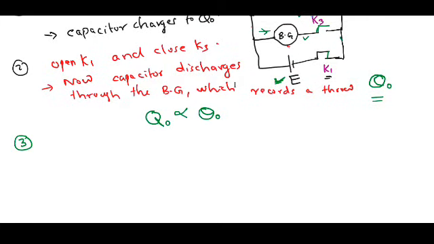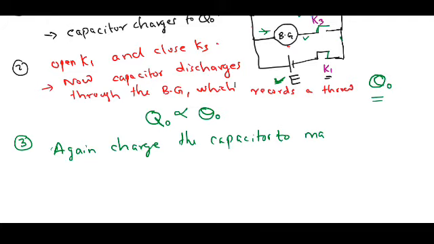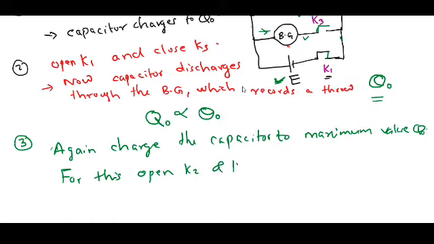Let me note down: again charge the capacitor to maximum value Q0. For this, what do we have to do? We have to open key K2 and also K3 and close K1.